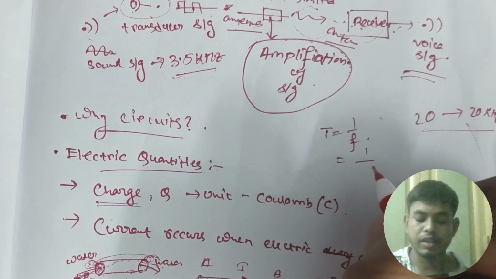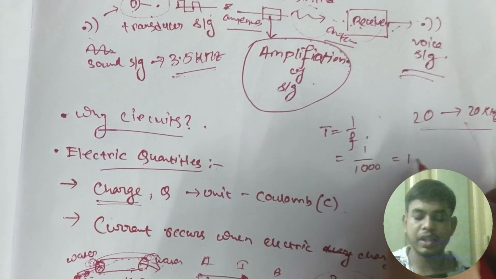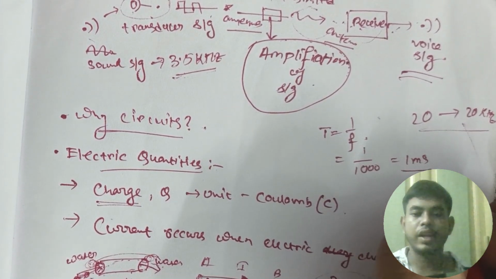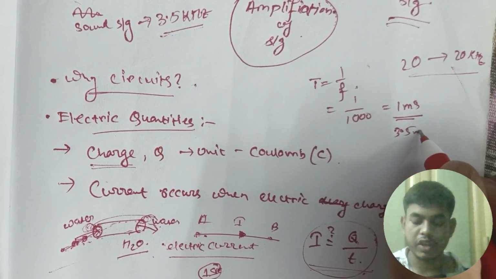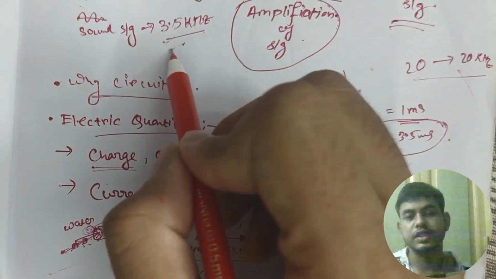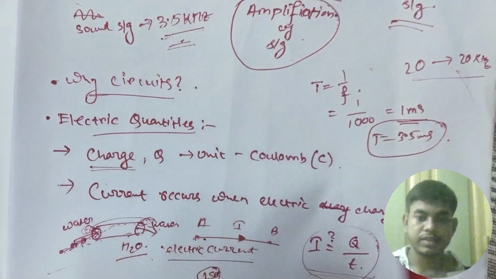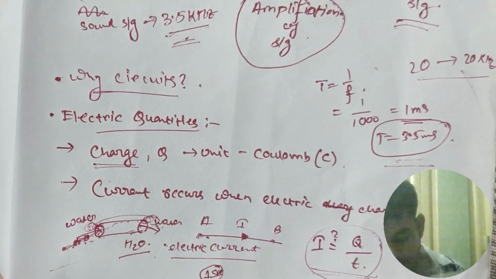So, if you write kilohertz here, that's 1000. That is 1 millisecond. So 3.5 milliseconds is the time period of this thing. Basic time period is 3.5 milliseconds.